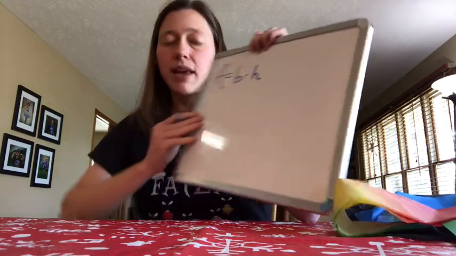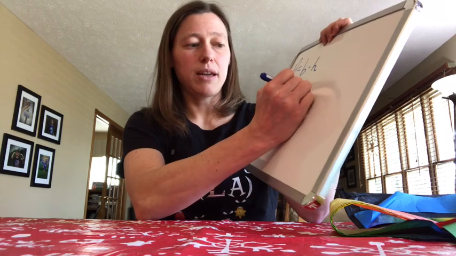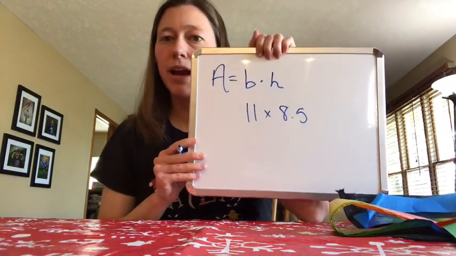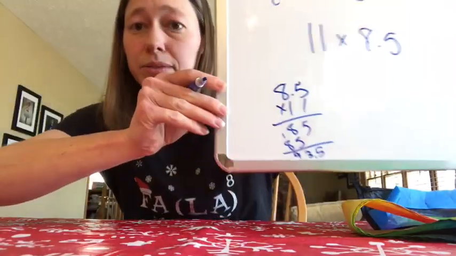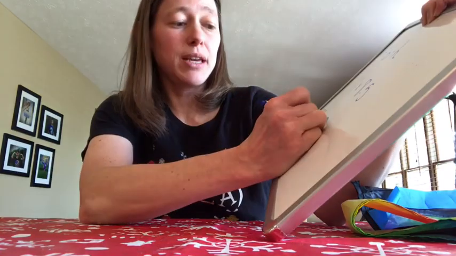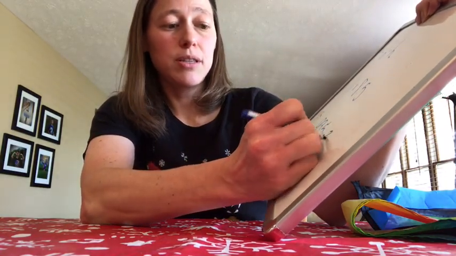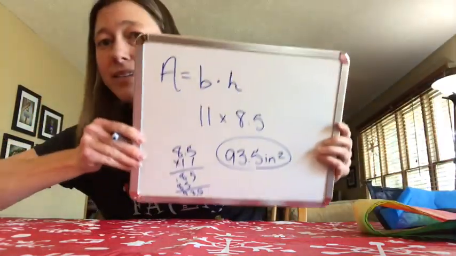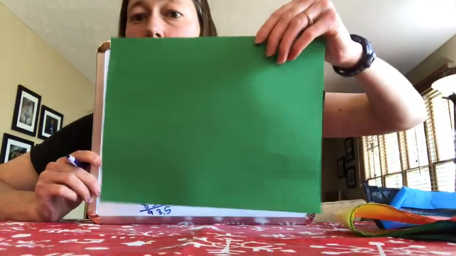In this case, my base is 11, my height is 8.5, and when you multiply you should get 93.5 inches squared. That is the area of my parallelogram or rectangle.